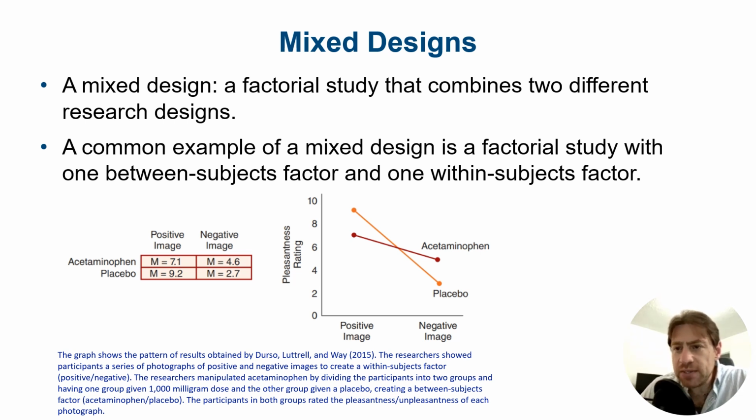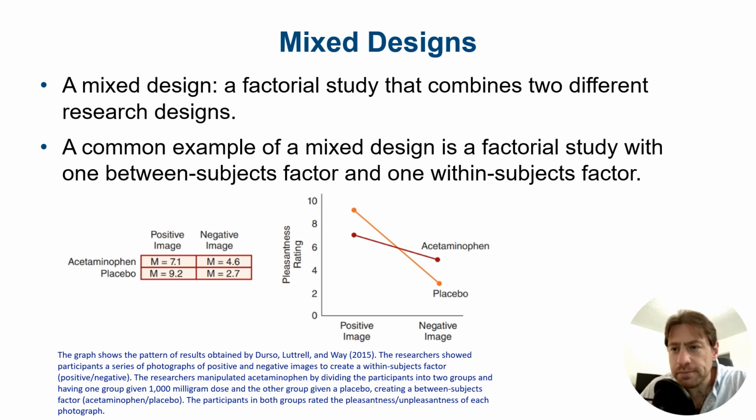So here we have a study investigating the effect of acetaminophen, Tylenol, on the perception of emotional pain and pleasure. So this was a 2x2 design, but one factor was between subjects and the other one was within subjects.